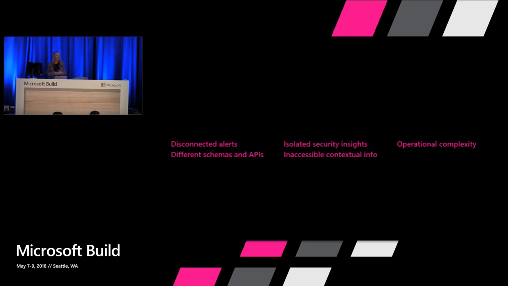Each security solution has unique data or context that can be used to improve protection and response, but they're often isolated or locked in those individual systems. In addition, much of the context that's needed to broadly investigate a threat lives outside of security solutions, in other technologies like Active Directory or Office or Intune.